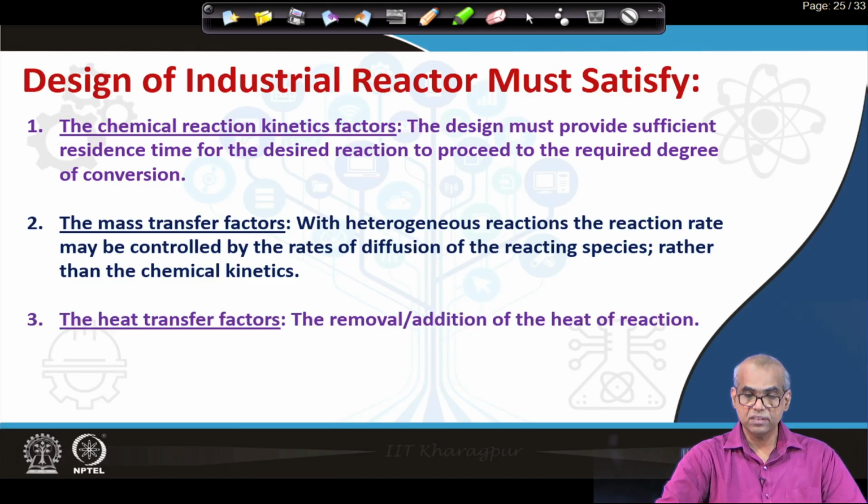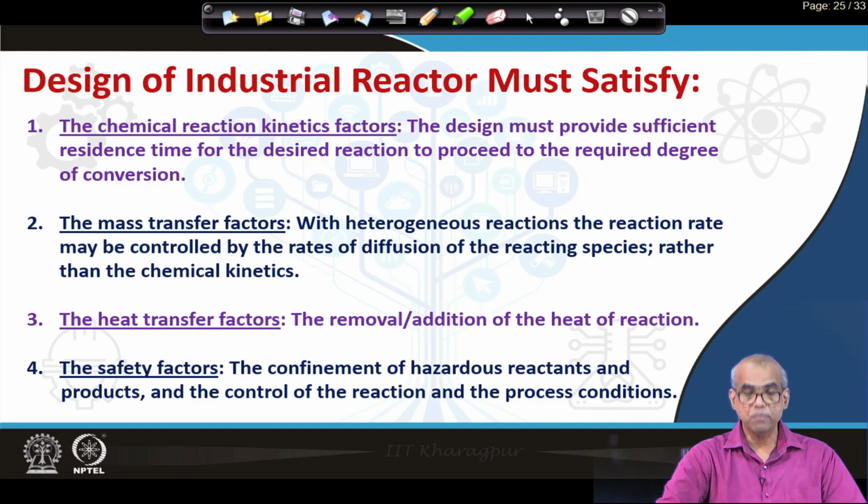The heat transfer factors: the design must satisfy the removal or addition of the heat of reaction. The safety factors: the design of reactors must satisfy the confinement of hazardous reactants and products and the control of the reaction and the process conditions for safe operations.